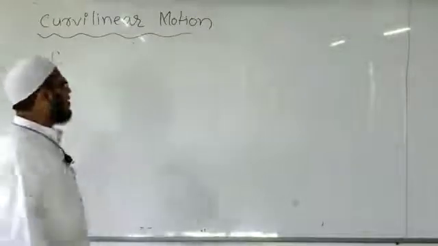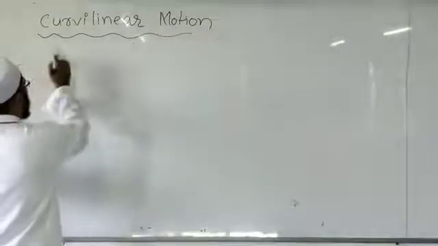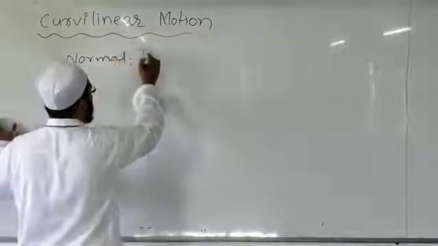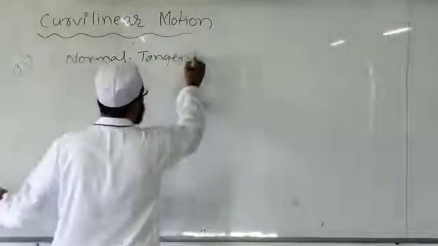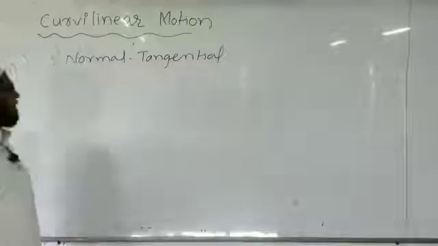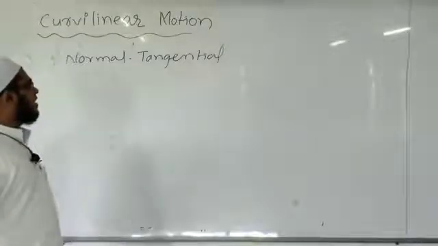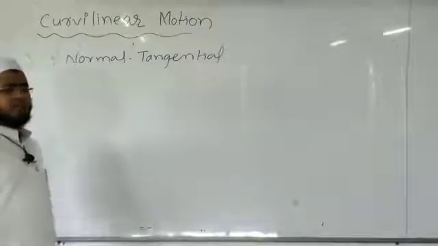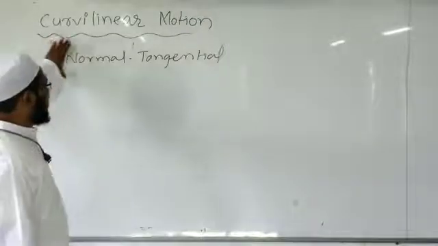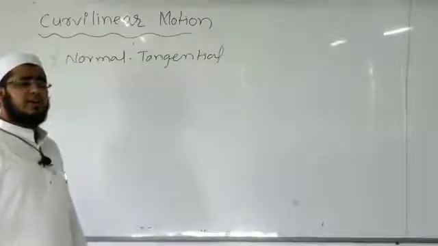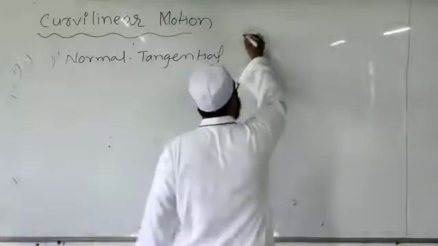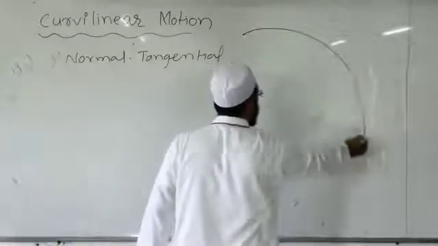Now there is another coordinate system called the normal tangential system. In the normal tangential system, we describe the position of the particle along the normal component and the tangential component. This normal and tangential component system is applied whenever the path of the moving particle along a curved line is known.